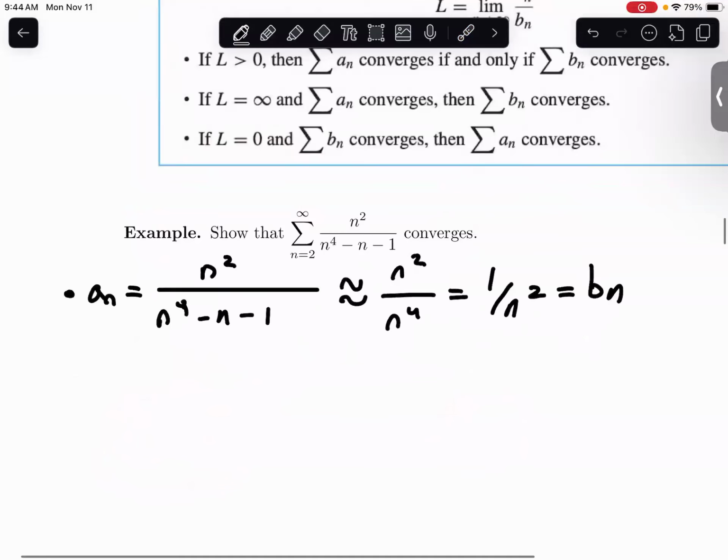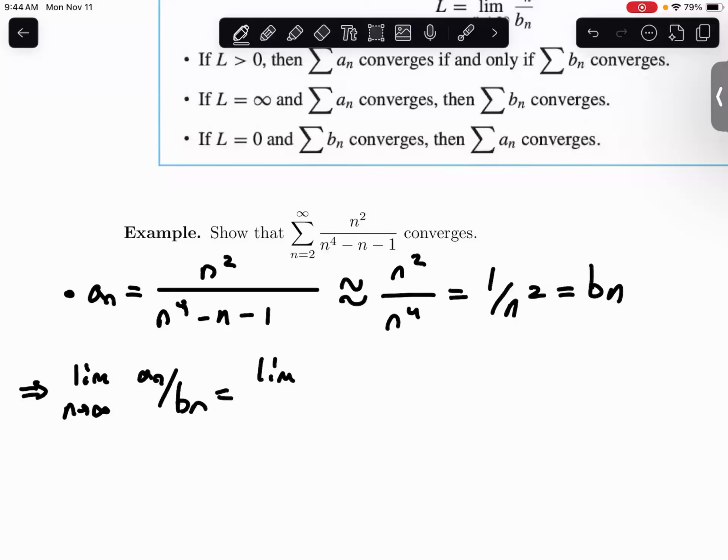And so now we take the limit as n goes to infinity of a sub n over b sub n. This is the limit as n goes to infinity of n squared over n to the 4th power minus n minus 1, all over 1 over n squared.